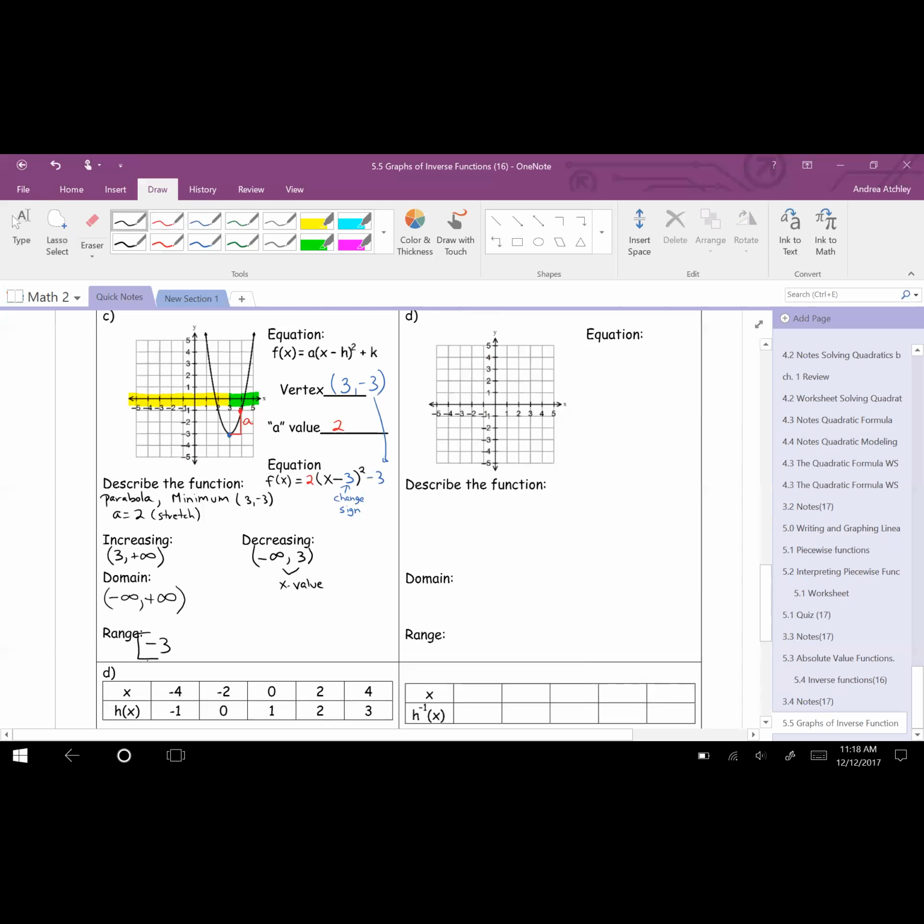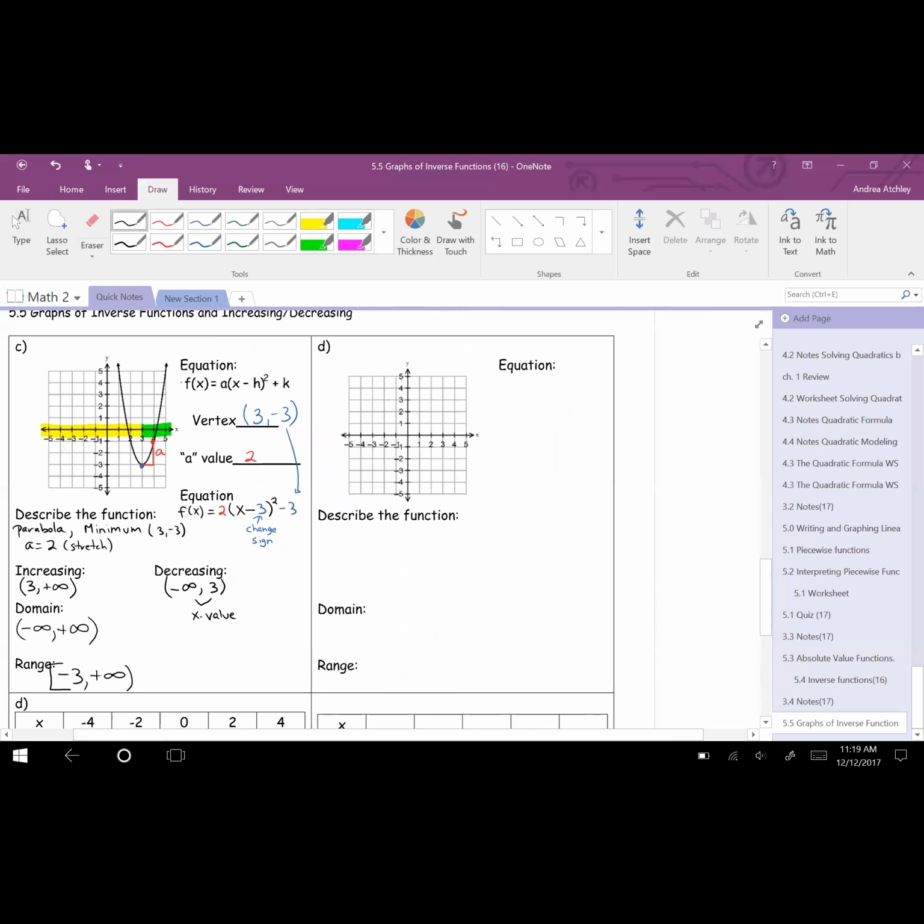And my lowest point is exactly -3. It's not close to -3, it's exactly -3, so I need the bracket to show that I can equal it. And then Gavin, how far up will it go? Positive infinity. Any questions over that? Okay.